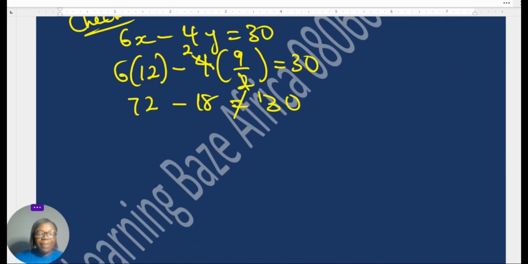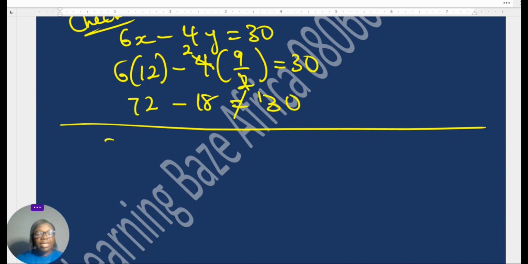So right now we'll have 8x equals 72. We're going to divide both sides by 8. So we'll be left with x, that's equal to 72 divided by 8, and that's equal to 9. So now that the correct value of x has been gotten, let's find the value of y.